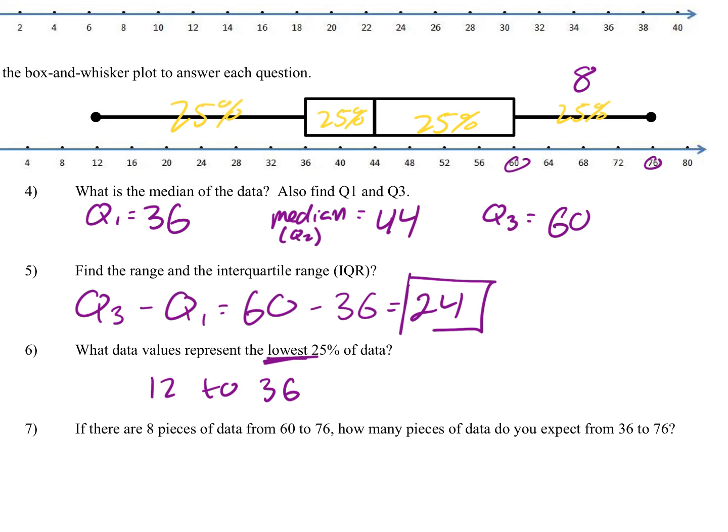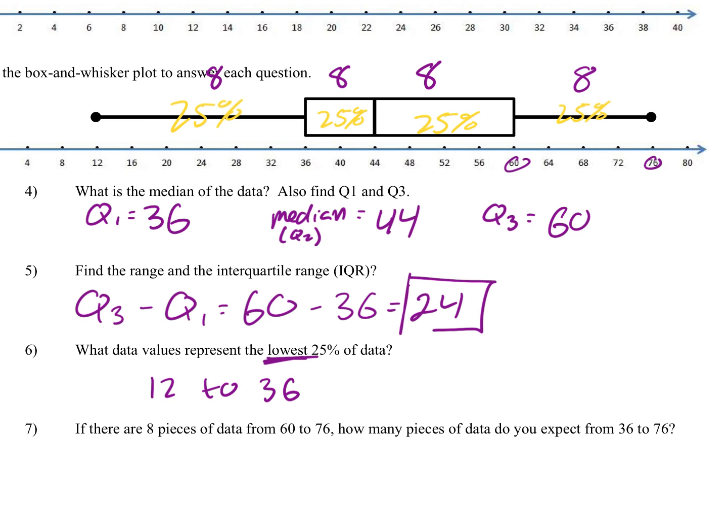Okay, well, let's start by what does it mean that there's 8 pieces of data in that whisker? Each piece of a box and whisker plot, like we saw in the video that came before this one where we were creating them, has the exact same number of data points. So if just one part has 8, that means every single piece has 8 because they're even quarters of the data.